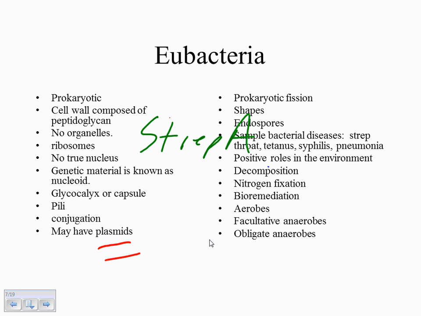Anybody think of a bacterial disease that I left off here that's killed lots and lots of people? Well, that's not the one I was thinking about, but the bubonic plague, Black Death, bacterial. Still around. Spanish flu is a virus. TB, tuberculosis, still around, still killing people. And what's kind of scary about TB right now?